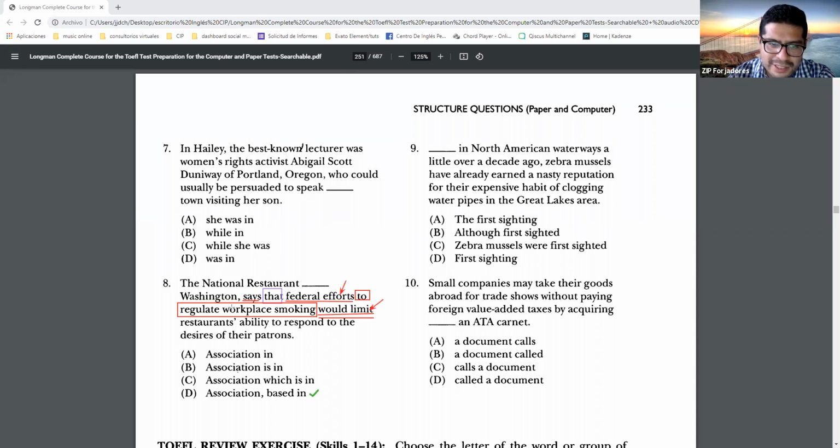"Would limit restaurants' ability" is the object of "would limit." "To respond" is another infinitive. "To the desires" is a prepositional phrase, "of their patrons" is a prepositional phrase. So all this part is correct, and imagine that it doesn't exist for now.